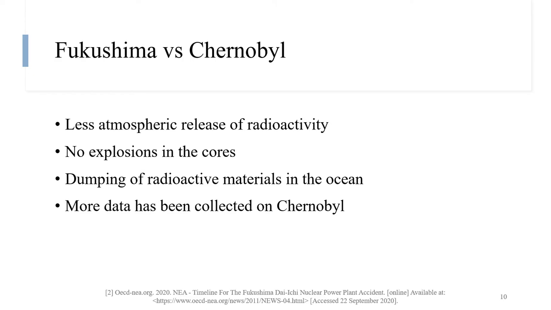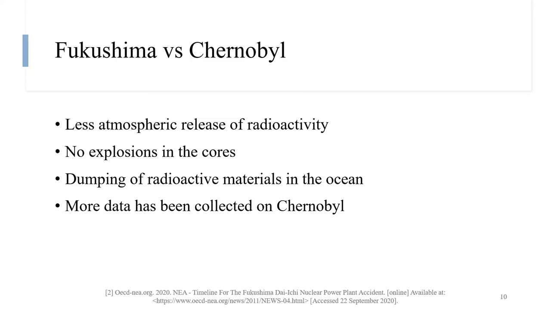from the burning graphite. However, the Tokyo Electric Company, which ran the nuclear facility, dumped gallons of radioactive material into the ocean. And this is where the radioactive material found its way to California via ocean currents.